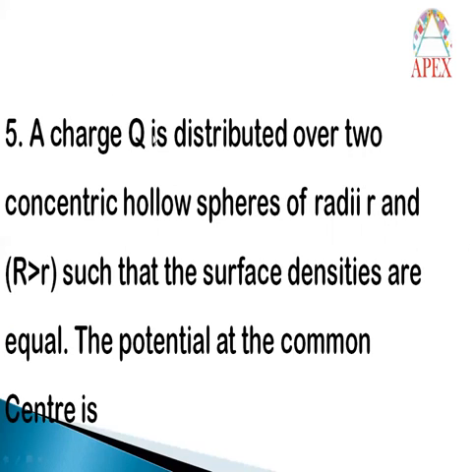So a charge Q is distributed, given. That means the total charge given is Q. Then we can write that the total charge is Q, which is divided into two parts, Q1 and Q2, given on the two spheres.